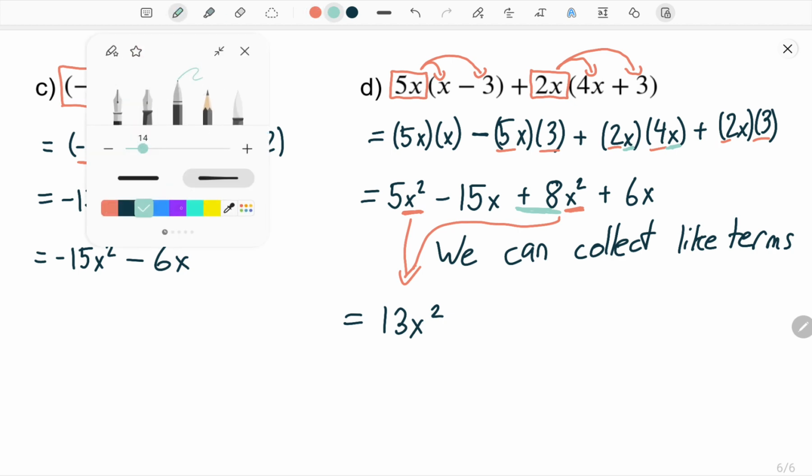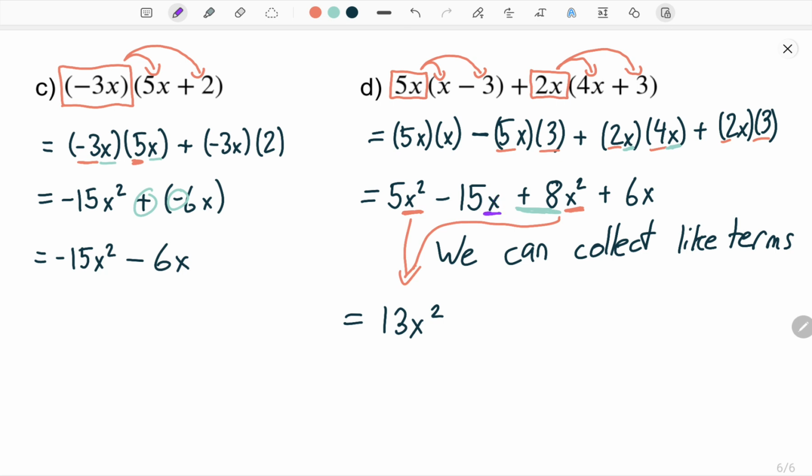All right, and then similarly, we can take a look at the other terms. So we have this term with just the variable x. So let's look for anything else with just the variable x and no exponent. And we have this at the end. All right, and when we combine them, don't forget about the sign in front. So you have a minus sign in front of the 15. So it would be minus 15 plus 6. Minus 15 plus 6 is the same as minus 9. So you'd get minus 9x.